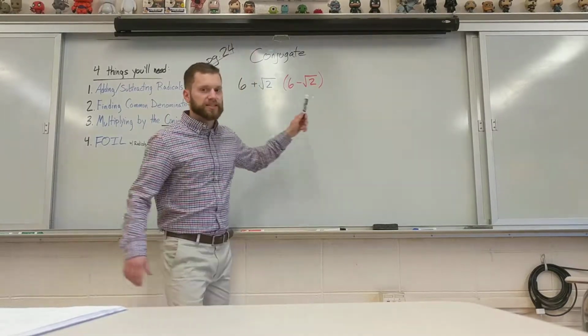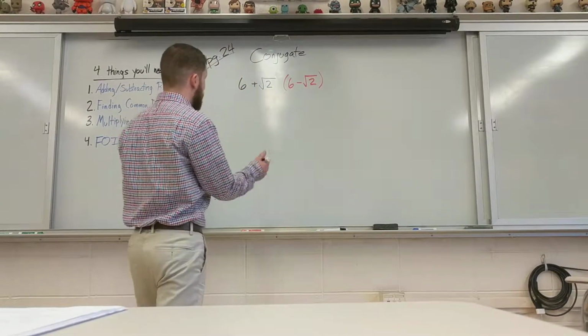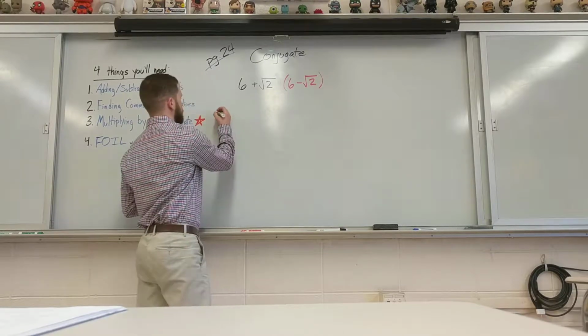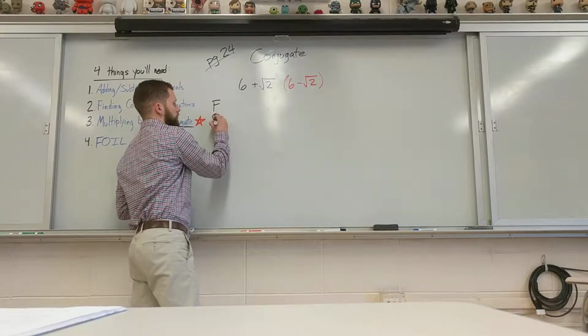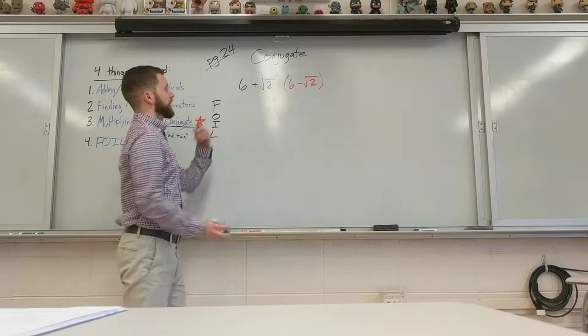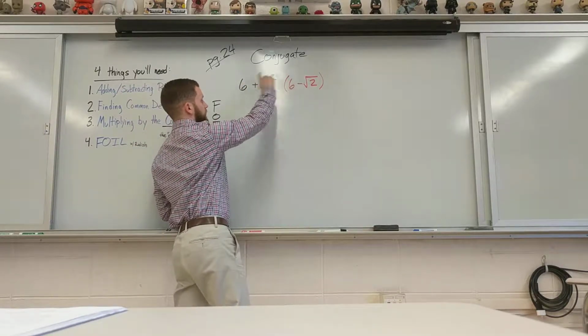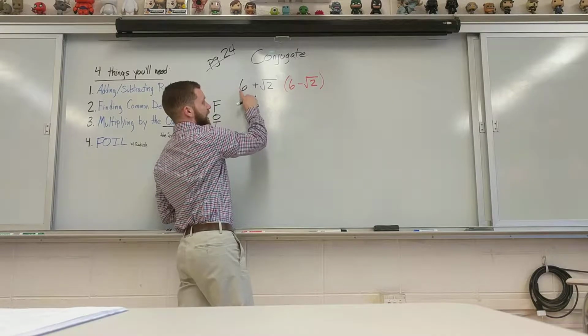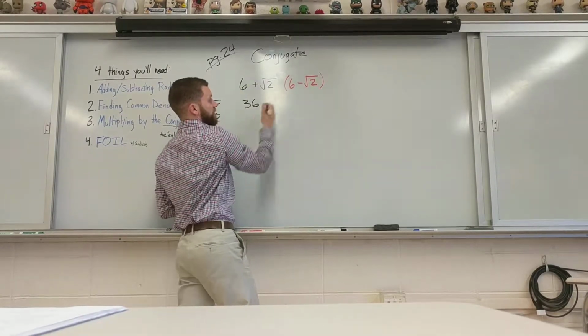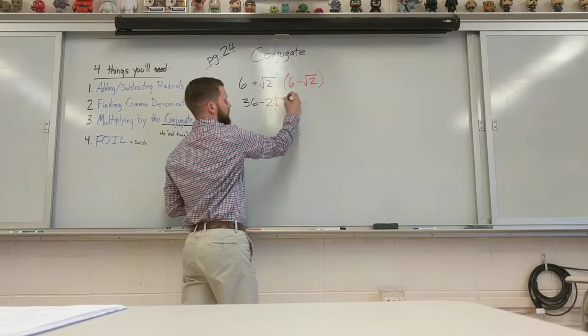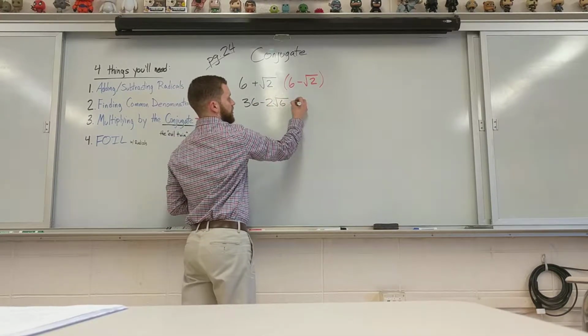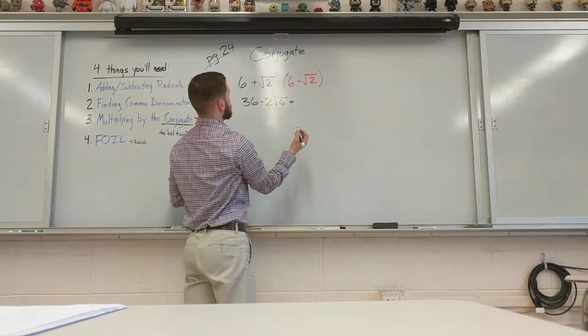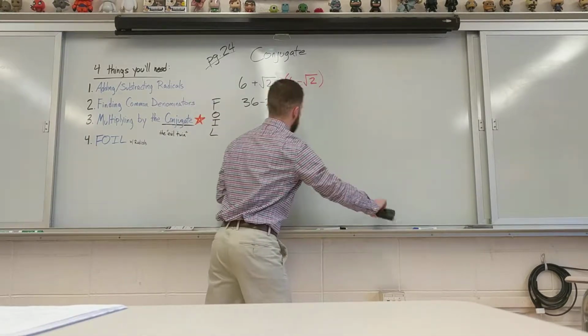So let's go ahead and multiply this together, see what we get. All right, so if we remember for FOIL, first one's first. So 6 times 6 gets us 36. Outside, 6 times negative root 2, so negative 6 root 2.